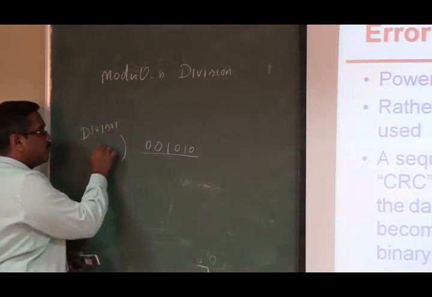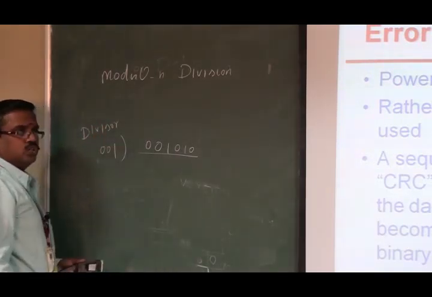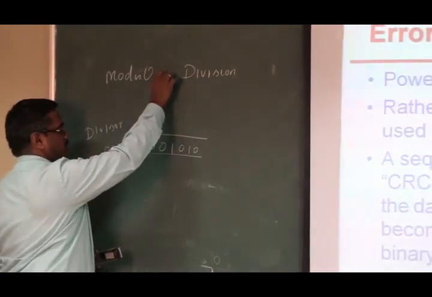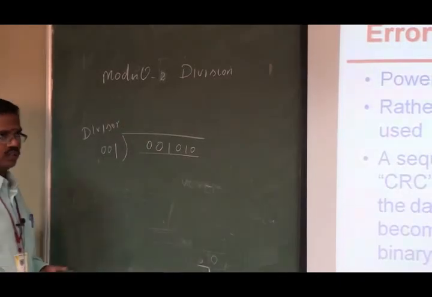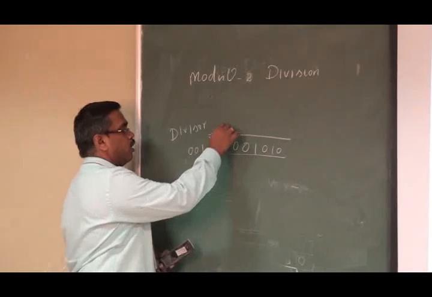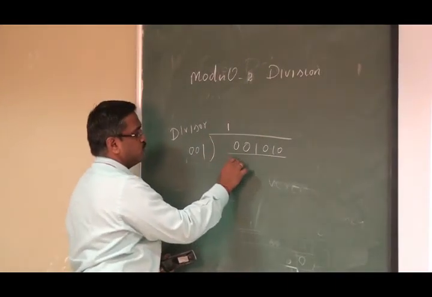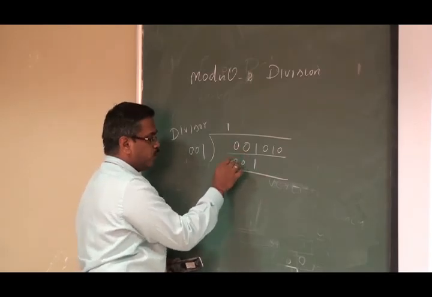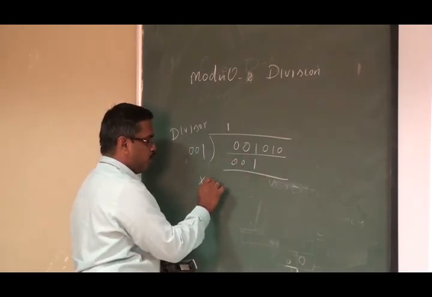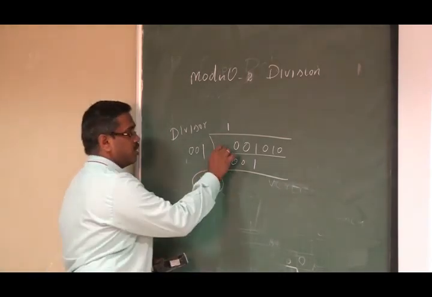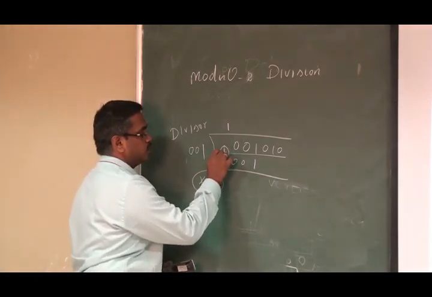This divisor may be 1 0 0 1, so you can do a modulo 2 division here because it is binary division. So here we can perform the XOR operation.